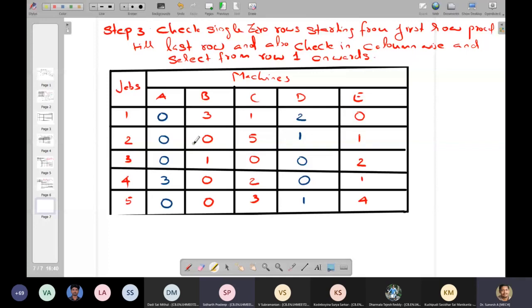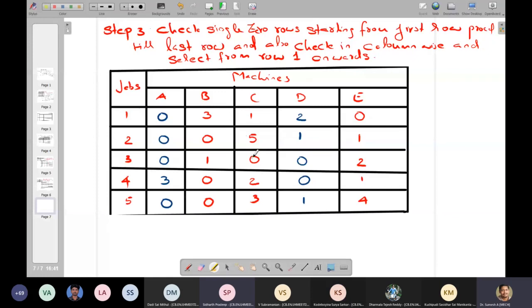No. Fourth row? No. Fifth one? No. Now we'll see column-wise. First column, no. Second column, no. Third column, yes. So the third column is single zero.